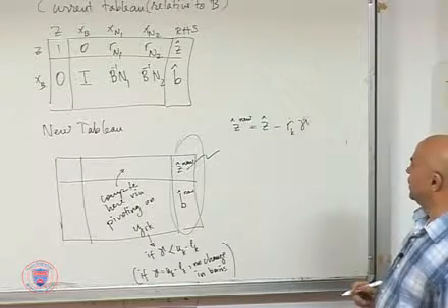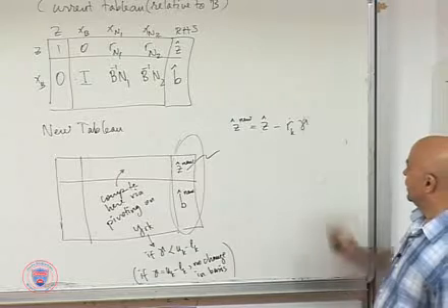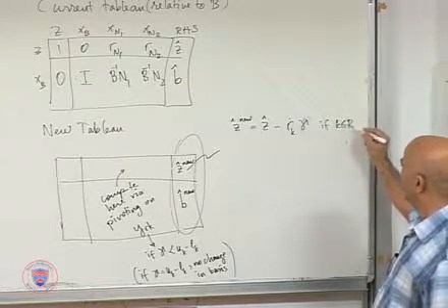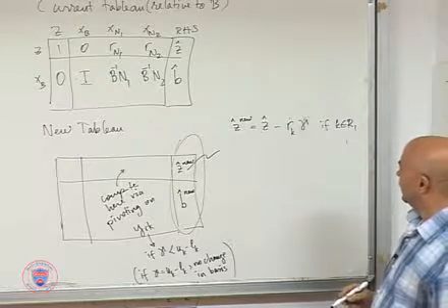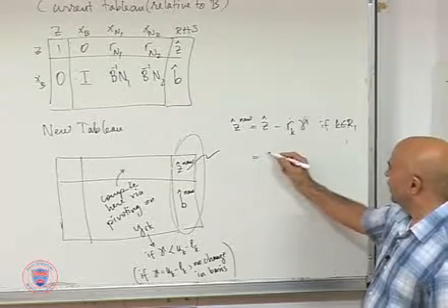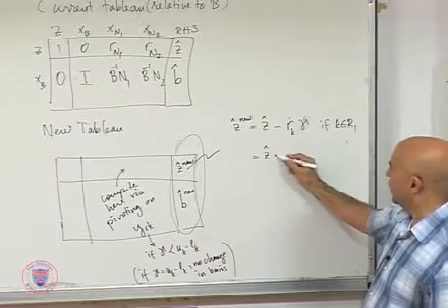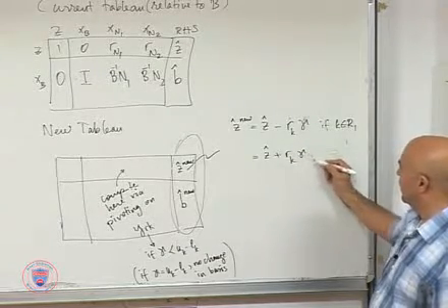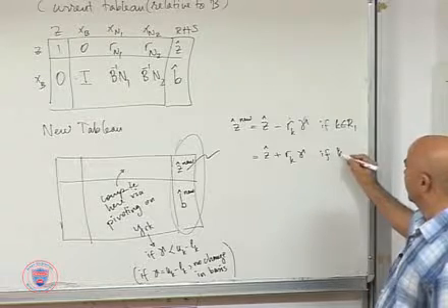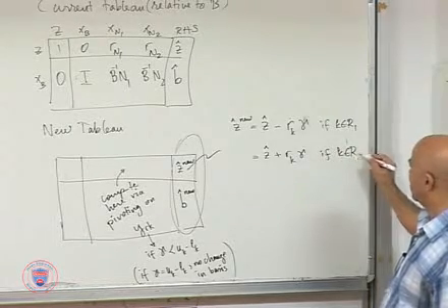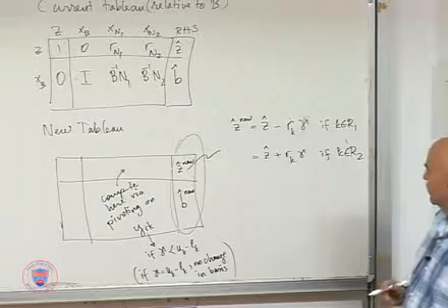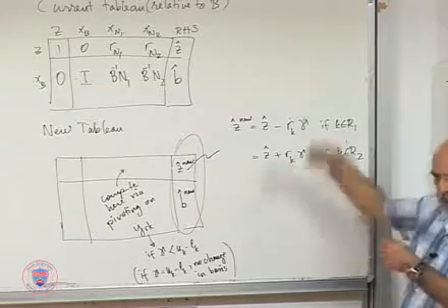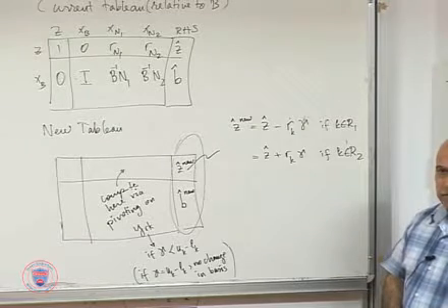Z cap minus RK times gamma if K is in R1. What about in the other case? In the other case, it will be Z cap plus RK gamma, if K comes from R2. In that case, of course, RK is negative, so gamma is positive, so you're still going down. Okay?